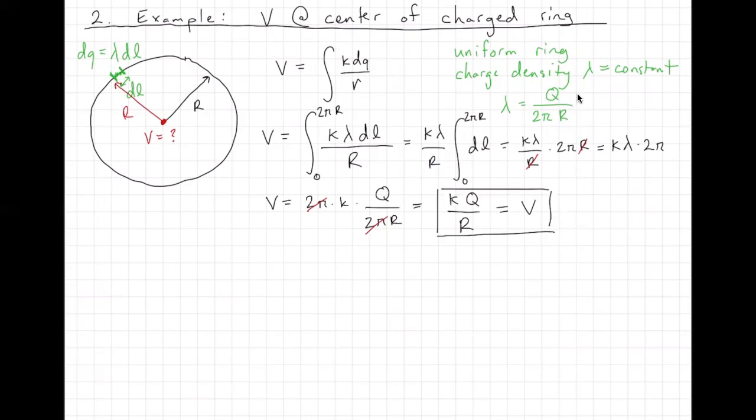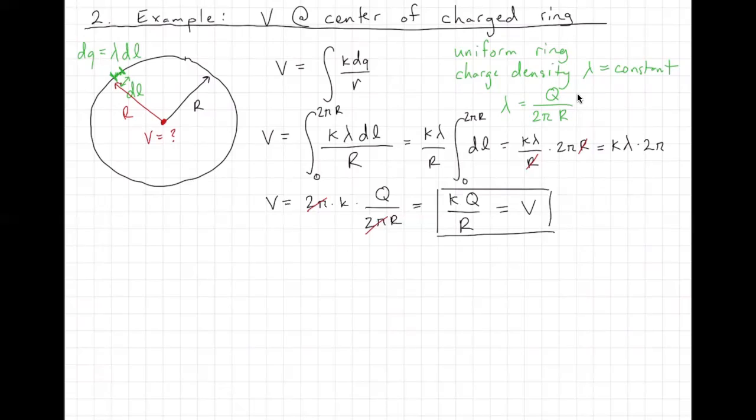Whereas if this was electric field, we'd really have to consider the direction. If we wanted to find the electric field for this ring at the center, that would definitely be 0, because the pull of every little dq on different sides of this ring would all cancel out. But here we don't. And that's one of the nice features of doing these integrals with potential, which is a little bit easier than with electric field.